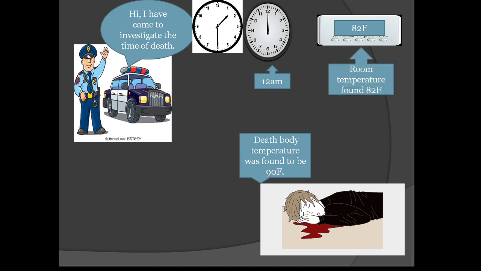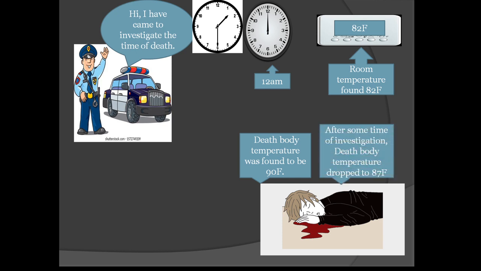And again, he measured the dead body temperature, and he noticed that it had dropped to 87 Fahrenheit. Now the question is, what is the death time of the person?